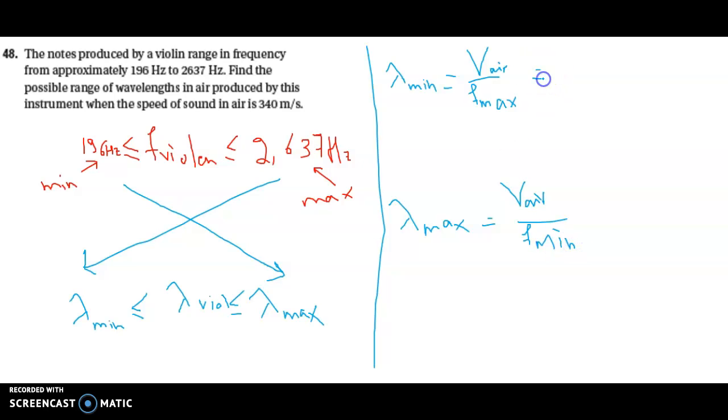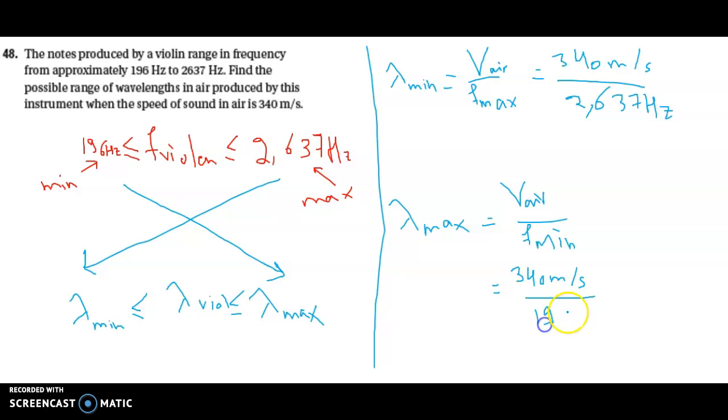So lambda minimum is equal to 340 meters per second over 2637 Hertz, and lambda max is 340 meters per second over 196 Hertz.